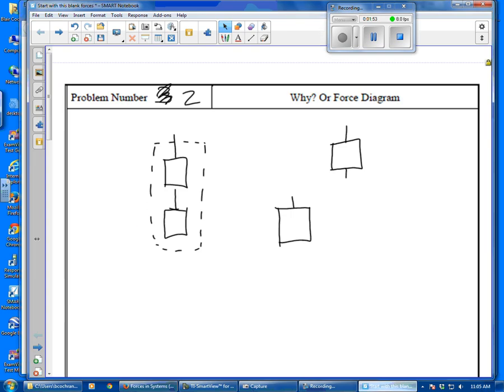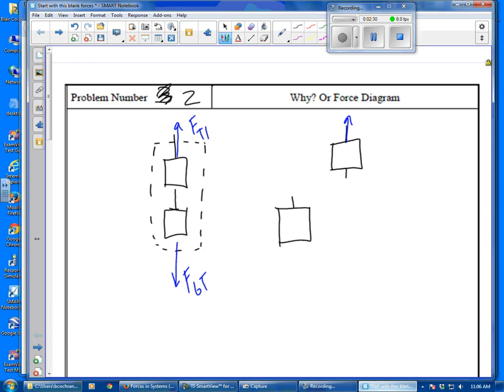Mine is 3.3 kilograms. I have a weight total down. This is identical to the first one we did, except it's simpler because it's only 2 objects. So that would be the correct force diagram for the system. No acceleration. And in the second part, I'm just going to add in an acceleration, but we'll do that afterwards.